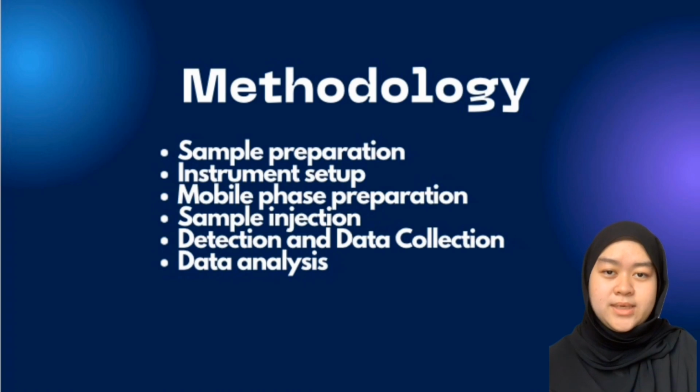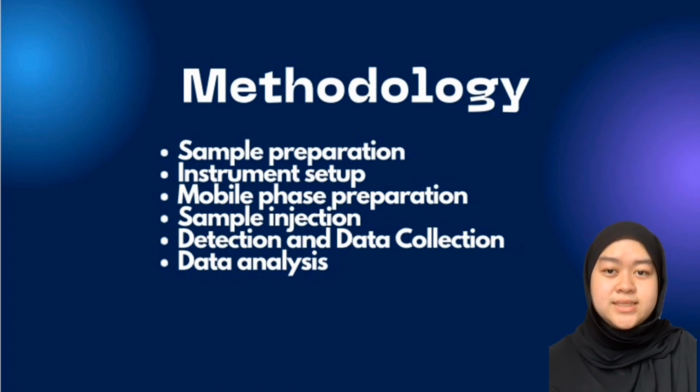The separated components are detected by a suitable detector like DAD, which is diode array detector, and RID, which is refractive index detector. Both diode array detector and refractive index detector are valuable detectors in HPLC.